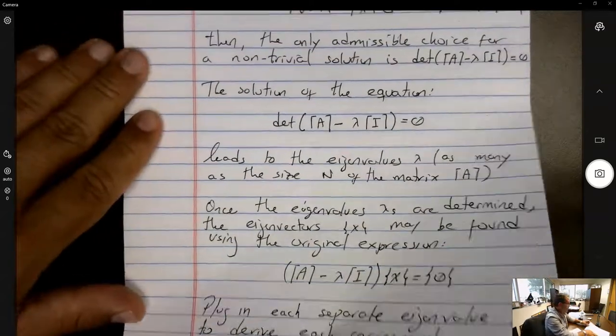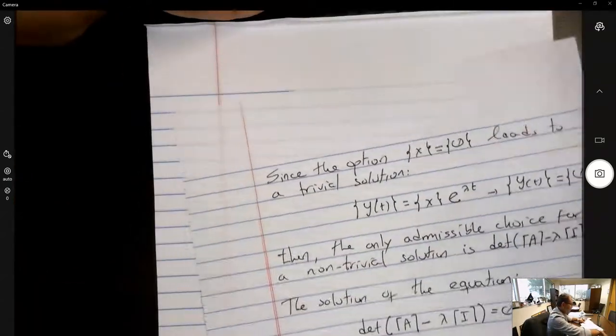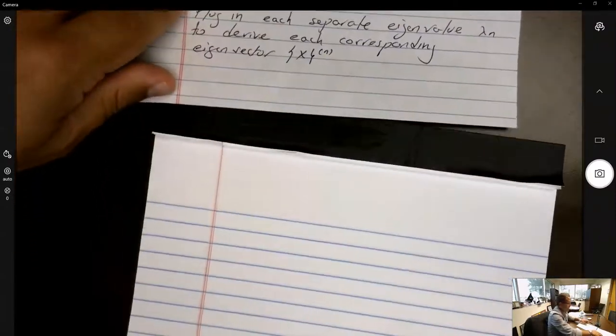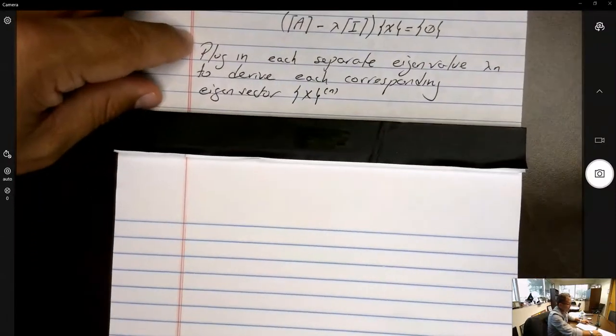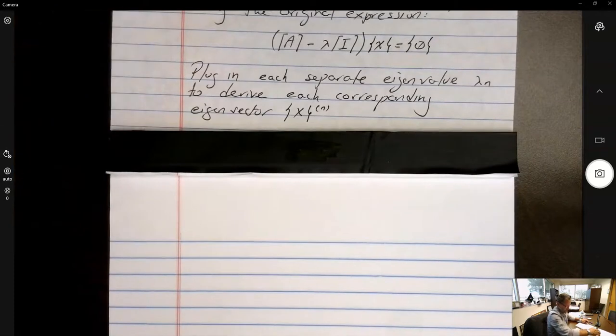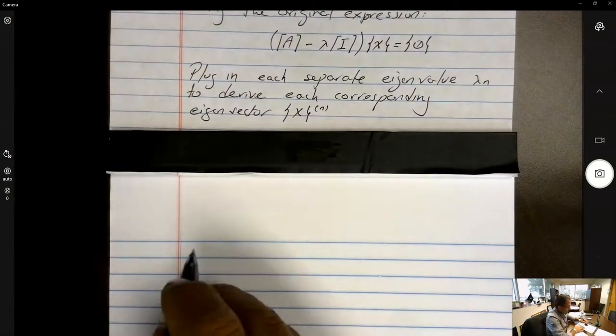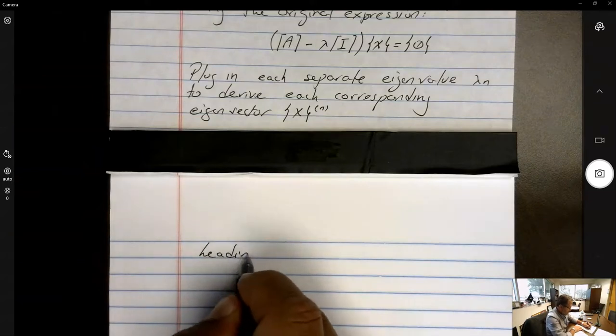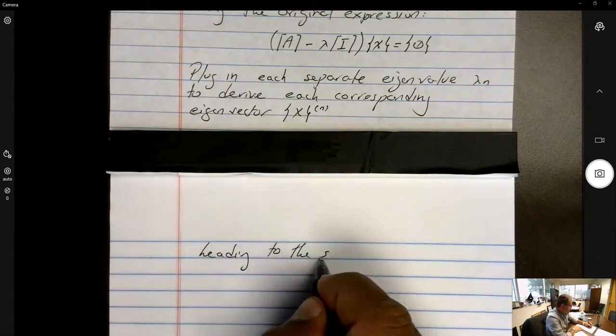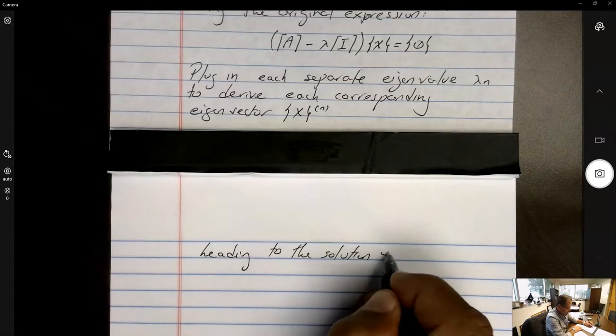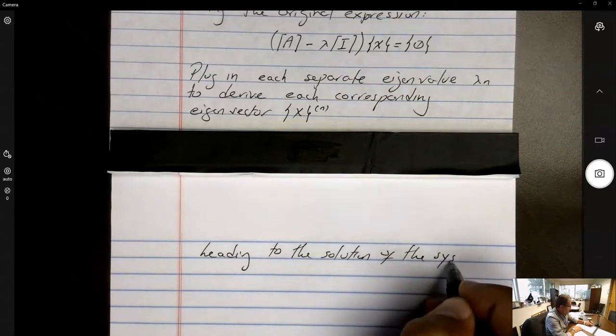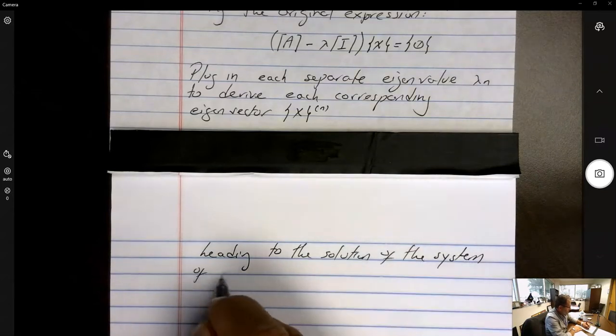So what happens then is, leading to the solution of the system of ODEs.